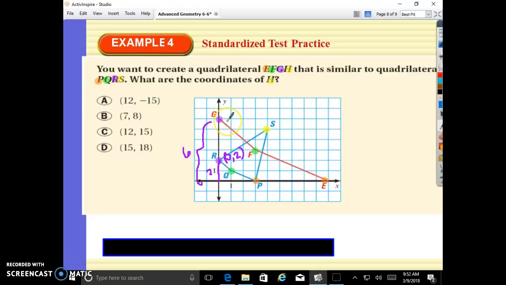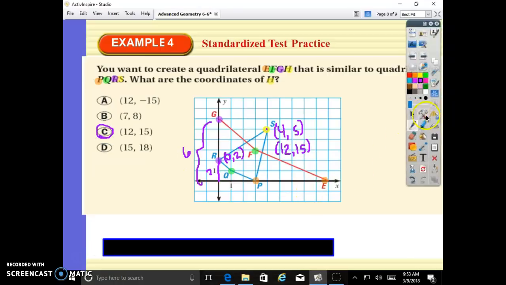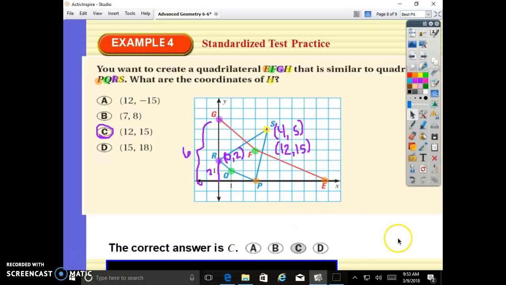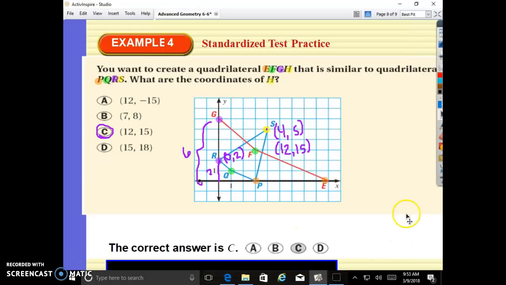So we know that, yes, our scale factor is 3. So if I take this original point of 1, 2, 3, 4, get into the elevator before you go up or down, 4, comma, 1, 2, 3, 4, 5. So I take the coordinates 4, 5, and I apply a scale factor of 3. 4 times 3 is 12, and 5 times 3 is 15. So my missing coordinate should be at 12, comma, 15. Make sense?